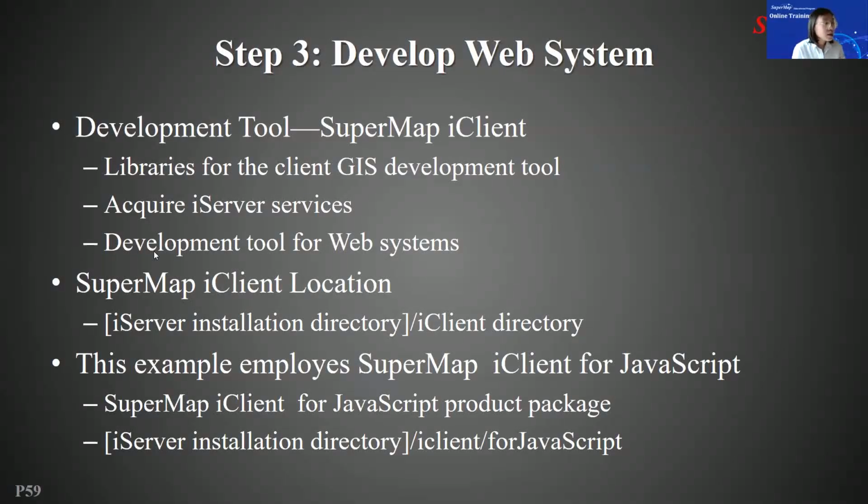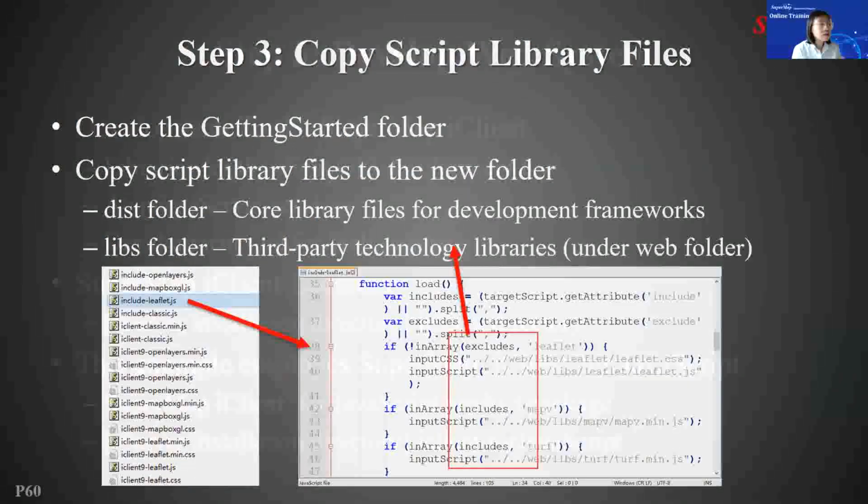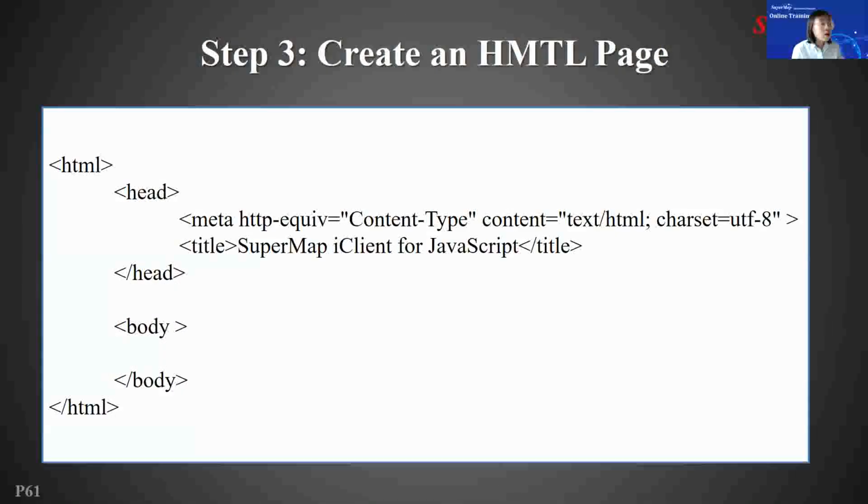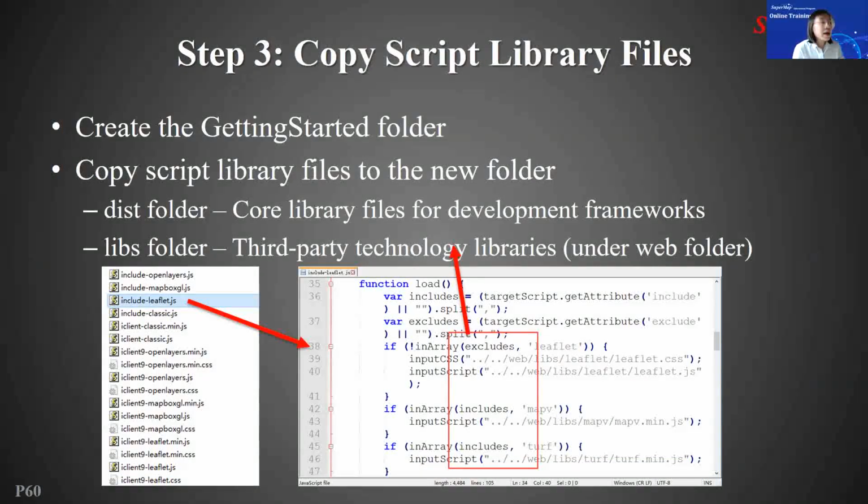We will download the iClient package, then put the iClient project package in iServer. Here you can create a getting started folder and copy the library files to the new folder, but if you want to start easily, you can just use the iClient folder.